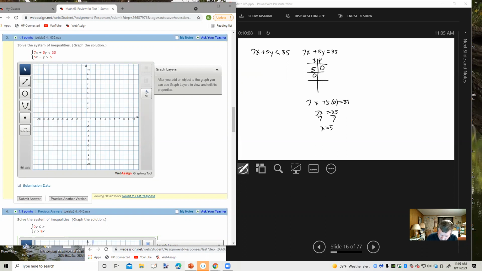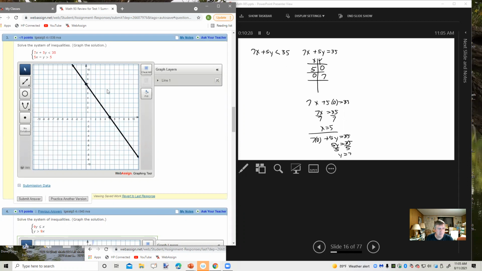If x is 0, we get 7 times 0 plus 5y equals 35. 5y equals 35, y equals 7. All right, so turning that blue, we're going to go 5, 0 and 0, 7.